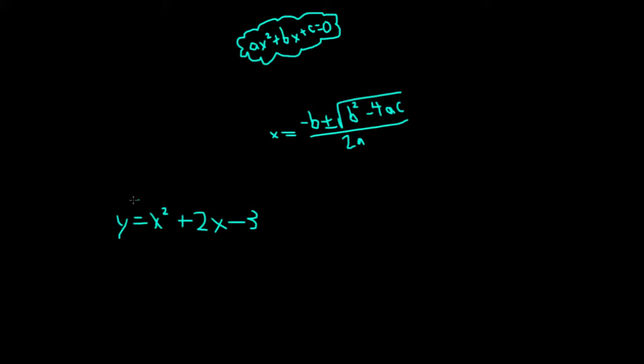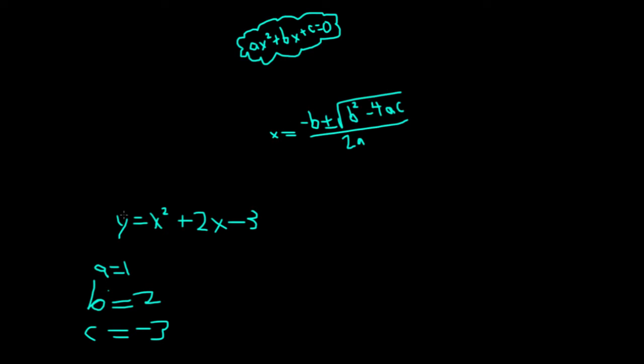So a would be in front of x, so we're just going to say a equals 1, and then b would be 2, because b is right here. So b equals 2. And then c is right after that. So then c equals -3.